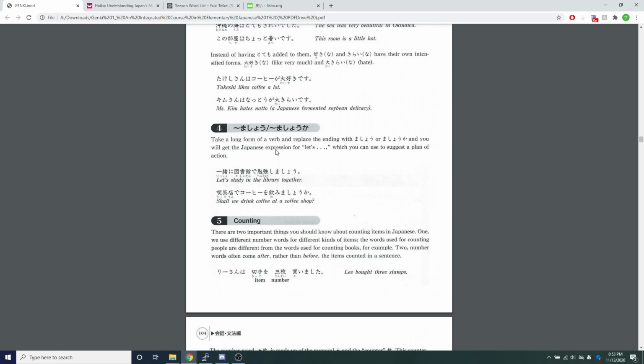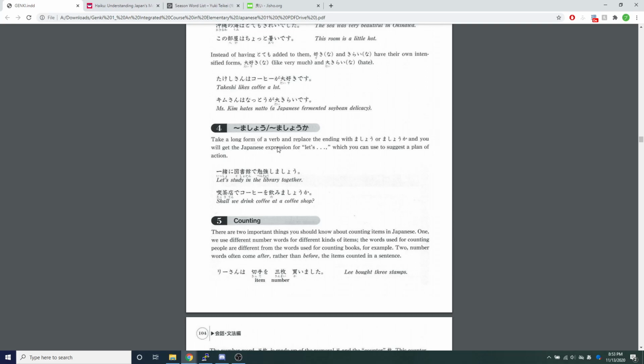So, アイスクリームを食べます, meaning to eat ice cream. アイスクリームを食べましょう means let's eat ice cream, right? You can add that mashou to any verb. Let me think. So, bubble tea is called tapioca in Japanese. So, タピオカを飲みましょう. Let's drink bubble tea.